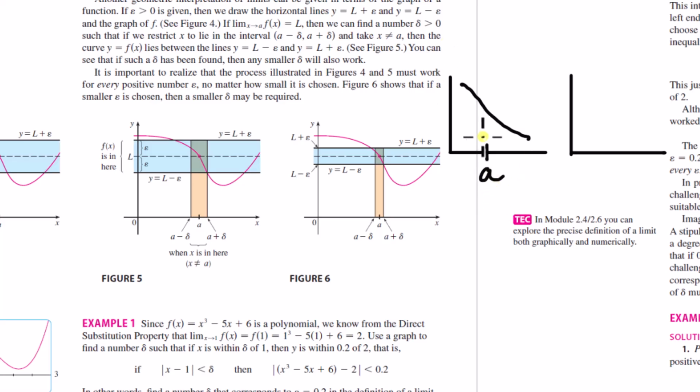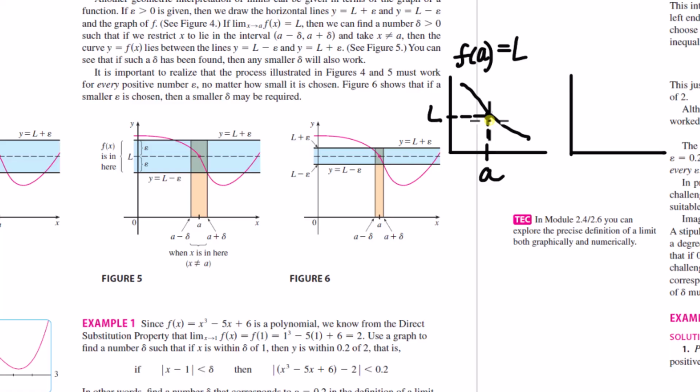This would mean that the function does exist at x equals a, and furthermore, f of a is equal to L, which doesn't mean anything as far as the definition of the limit. It's just a coincidence that it happens to be the case.